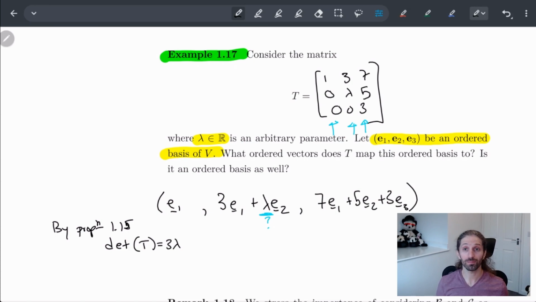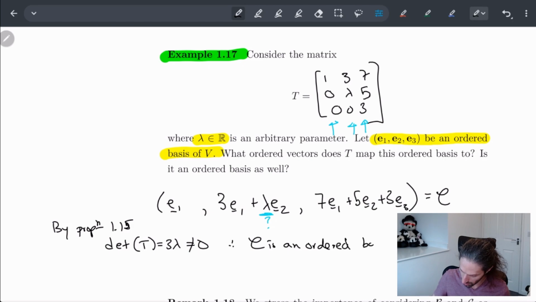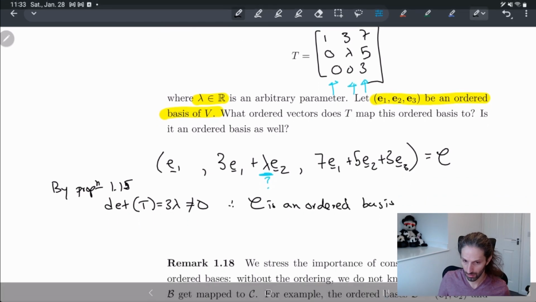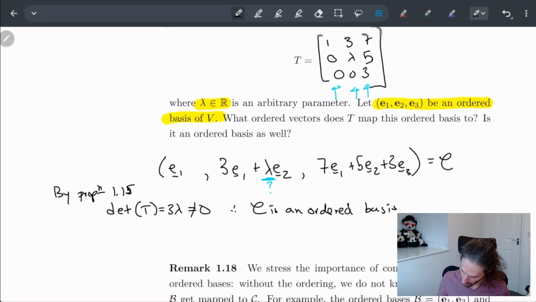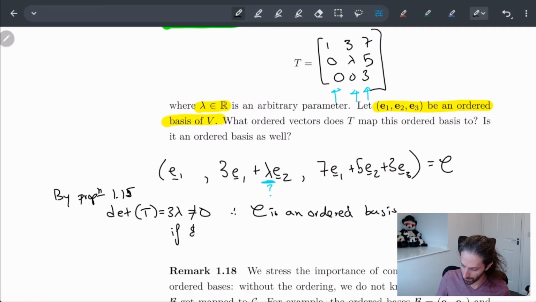Now remember, this has to be non-degenerate, so this cannot be equal to 0. So this works if and only if... here we'll call this C. Therefore, C is an ordered basis if and only if lambda is not 0.